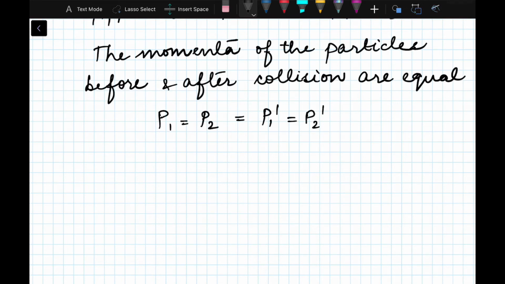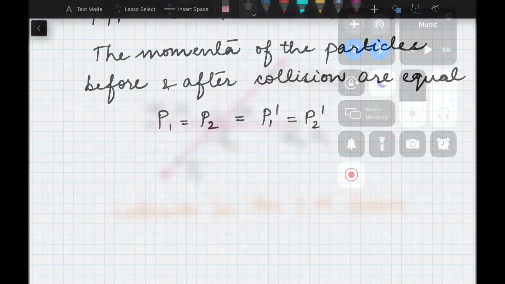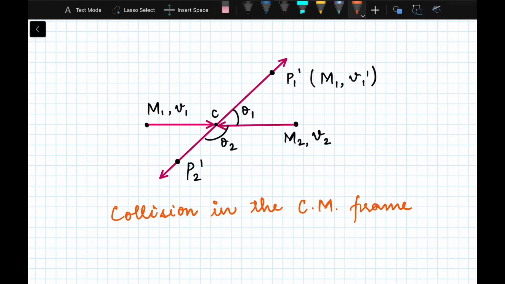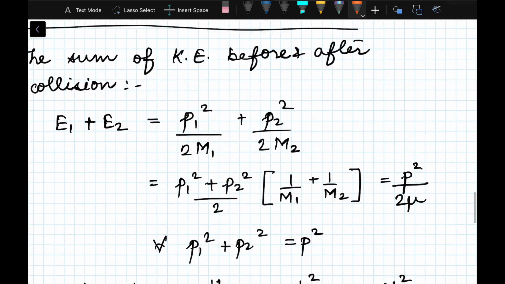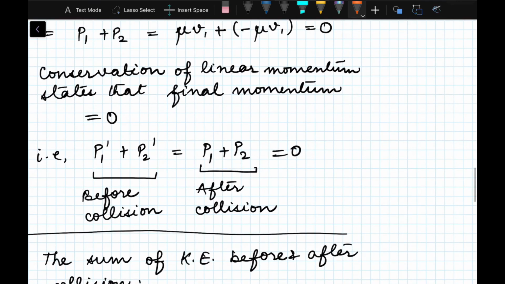This is the momentum diagram which shows the collision in the center of mass frame. Just a small correction which I wanted to mention here is that the primed coordinates represent those entities which are after collision, and the unprimed are for before collision. So let us make a correction over here.